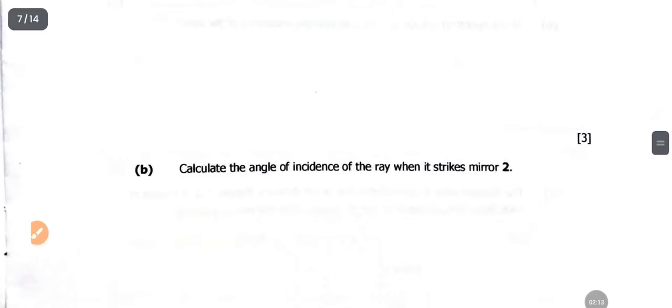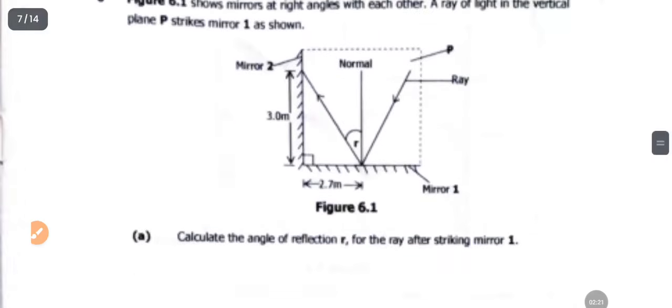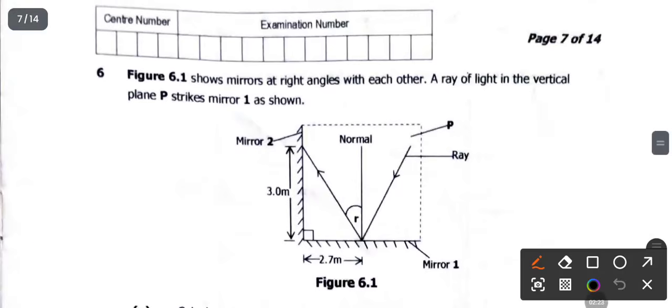The second question says, calculate the angle of incidence of the ray when it strikes mirror 2. So mirror 2 is here on this side. The angle of incidence that they are talking about is this line here.